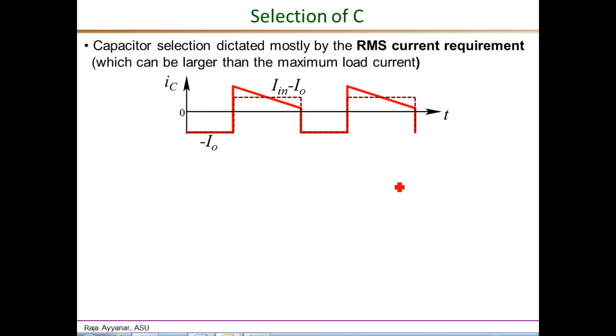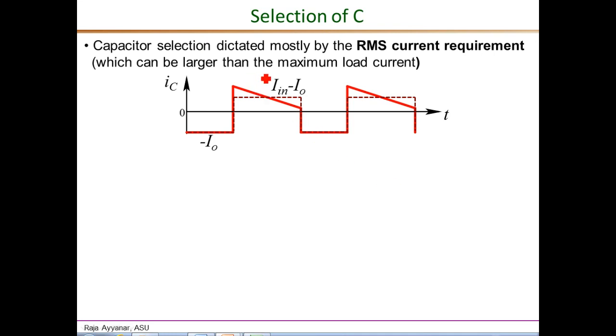Next we will look at the selection of the output filter capacitor. In a buck converter, we saw that the output capacitor is selected based mainly on its ESR requirement. However, in a boost converter, the capacitor selection is really dictated by the RMS current requirement. That is because in a boost converter, the RMS value of the current through the capacitor can be really large.